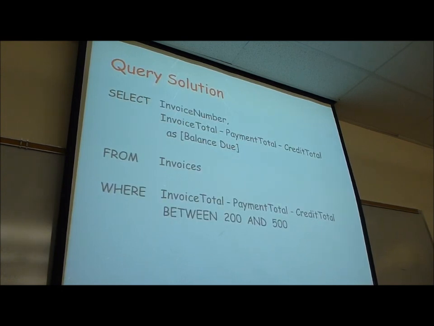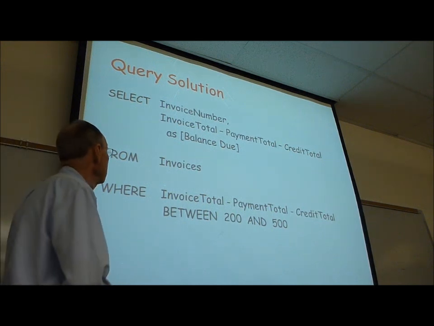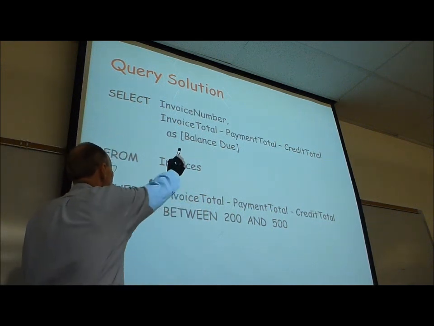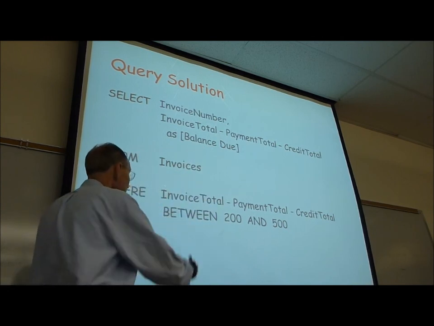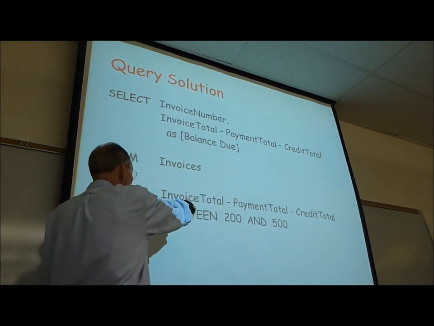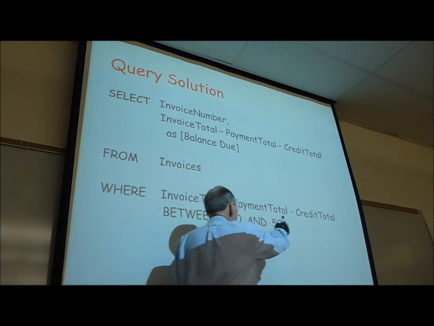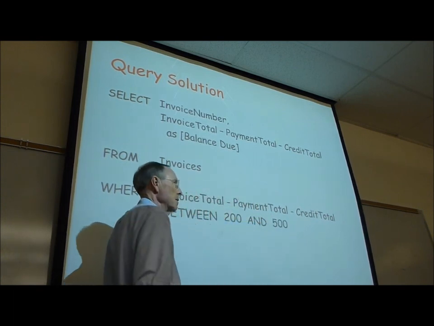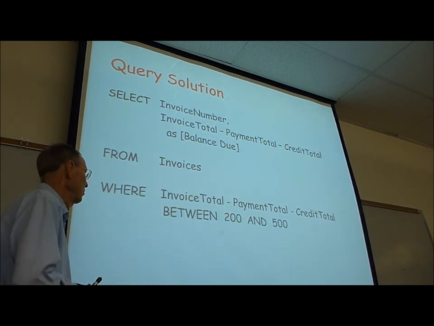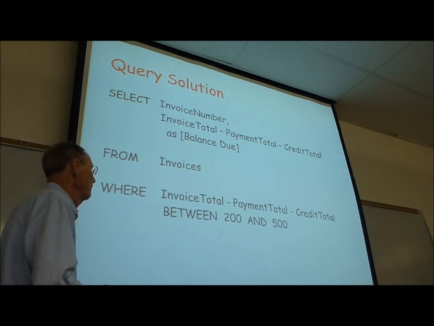So here, they're looking at the balance due. I said we were going to beat this thing to death, okay? Looking at that balance due is where the balance due got this and this. I got to spell it out here. Okay, I can't use the word balance due. Between 200 and 500.